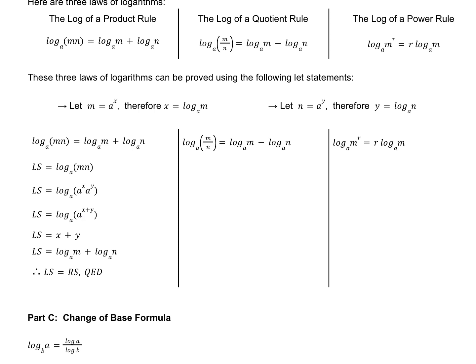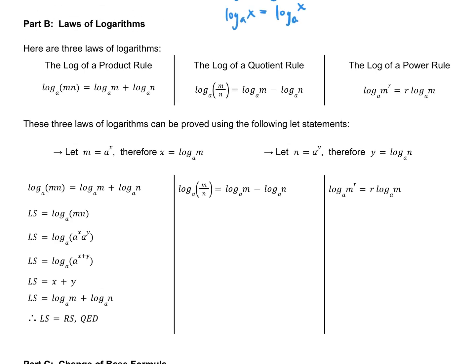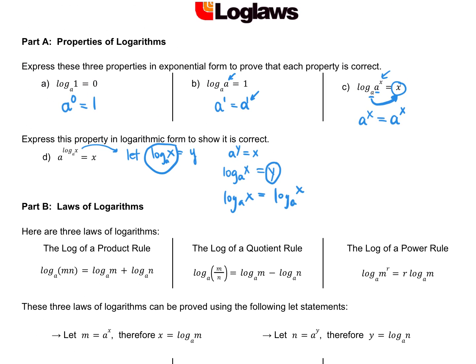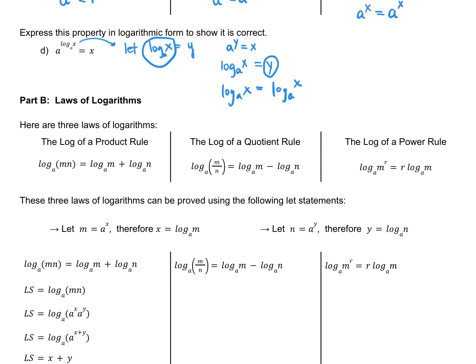But now, from here, I can use one of the properties from before. When the base of the log is the same as the base of the exponential part, my answer is just the exponent, x plus y. We already verified that right over here in C. So I'm using that property.